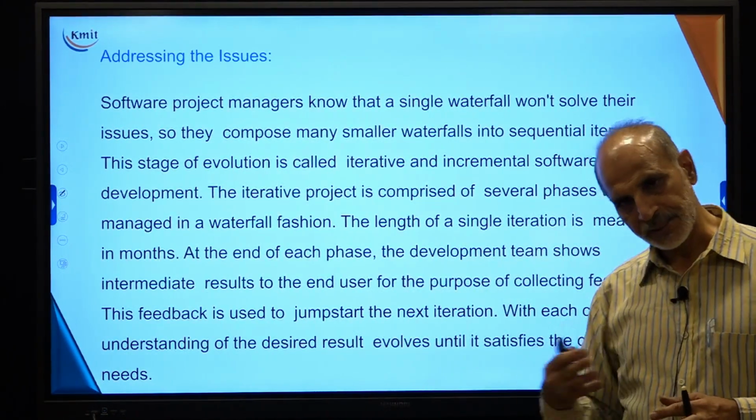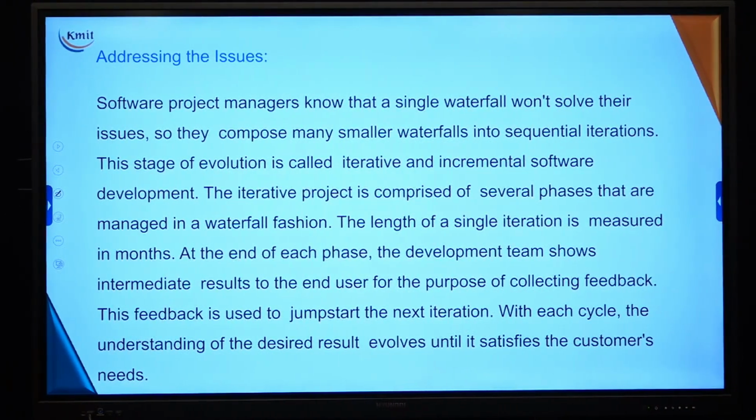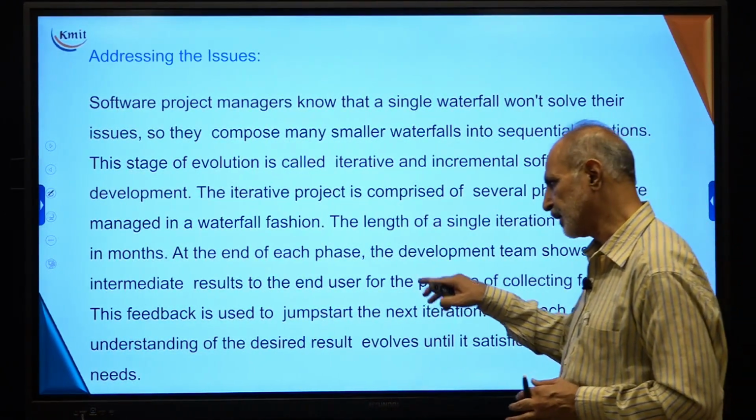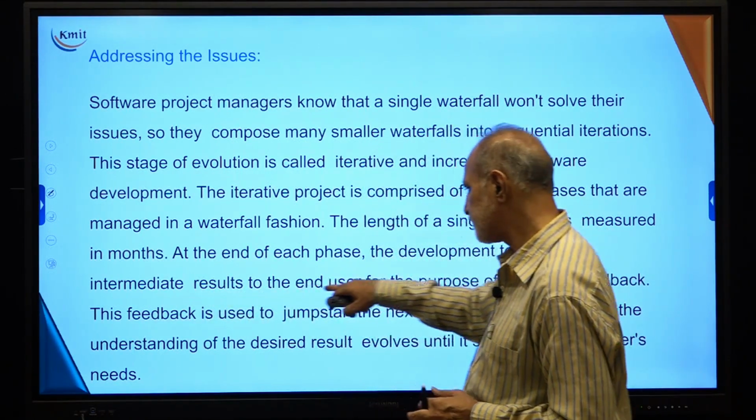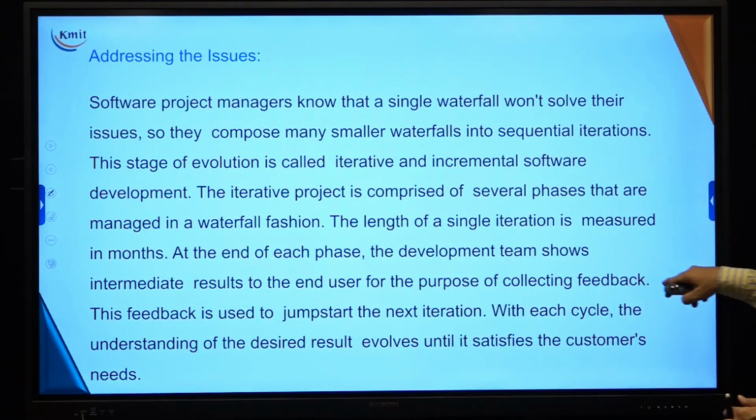When I iterate, the end result will be a very good intermediate result to show the end user for the purpose of collecting feedback, and I can use this feedback to jump start the next iteration. The same waterfall model redesigned in a smaller manner can work beautifully for a data science project.